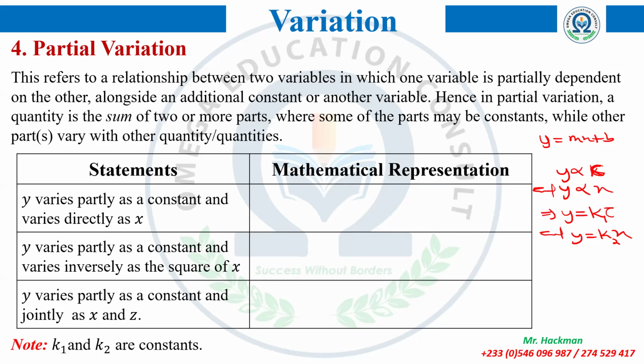Now at this point, remember we said multiplication, the product, is for joint, and sum is for partial. So this time round, I am going to sum these two. So I will say that overall, my y will be equal to k sub 1 c plus k sub 2 x. Is that clear?